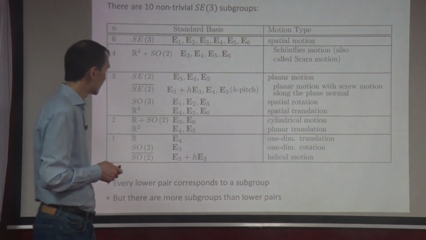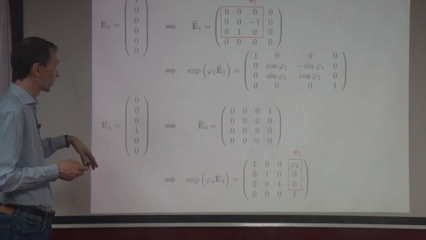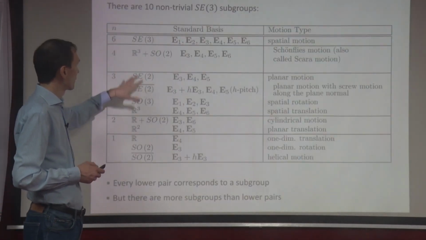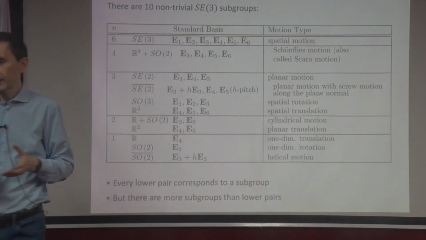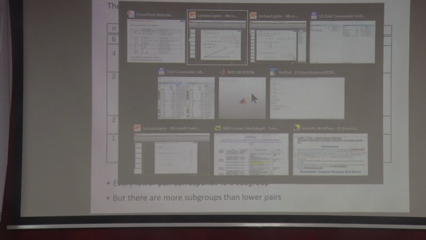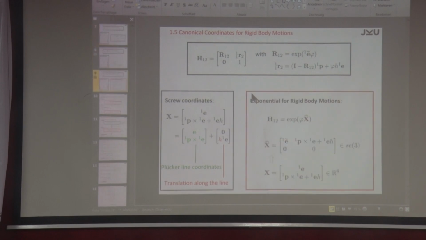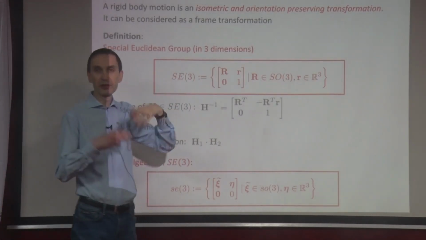And for all these things, we have so-called subgroups, right? I'm not going into detail here. Yesterday, maybe a little bit. What we said yesterday, maybe it makes sense to go to this slide here, is that these homogeneous matrices form a group, right?